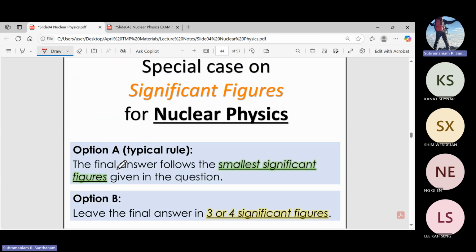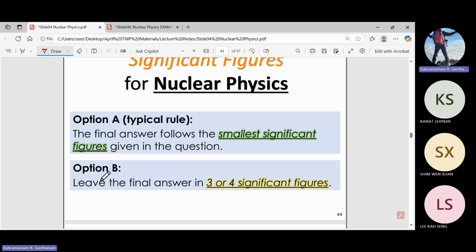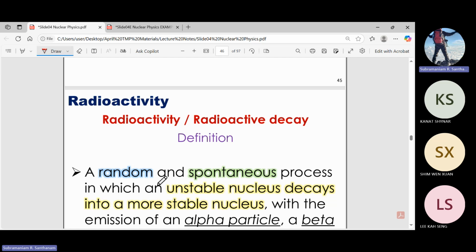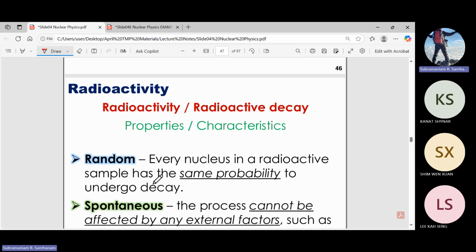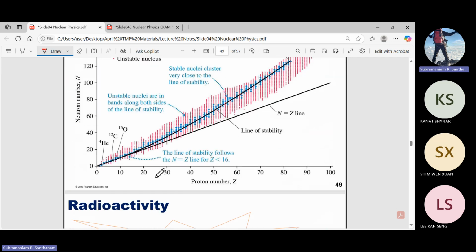We will look into further discussion about radioactive decay, decay constant and half-life. If you find some time over the weekend, the radioactivity part is quite interesting, so you can go through it.